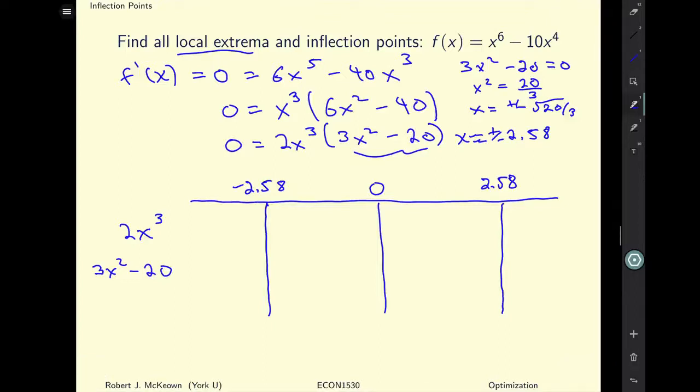So I'll start with 2x cubed. If x is less than 0, then this thing is going to be negative. Now if x is less than negative 2.58, then x squared is going to become a larger number. And the second expression, this one right there, is going to be positive.